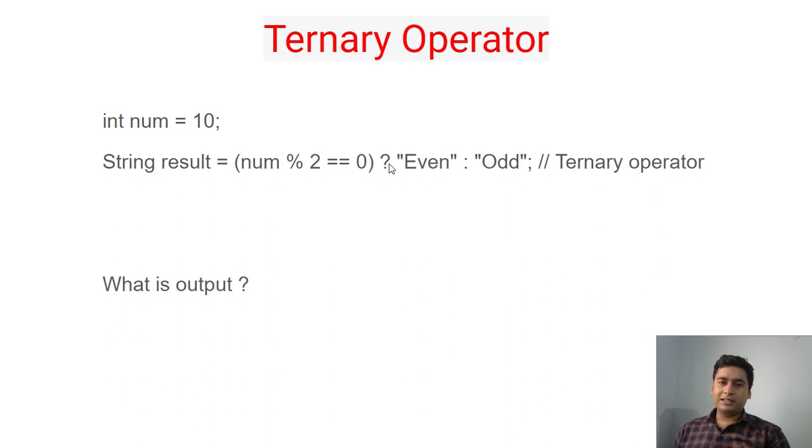After that we put a question mark, then a colon. This is the proper syntax of the ternary operator. Whenever you see a question mark and then a colon, you can consider it a ternary operator. And please comment in the description what the output of this code is.